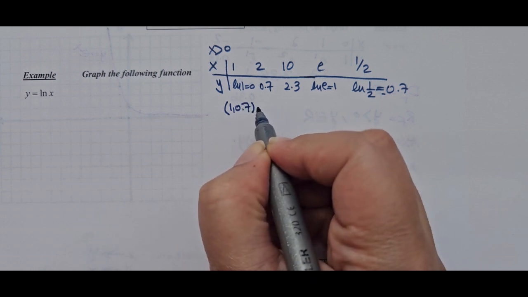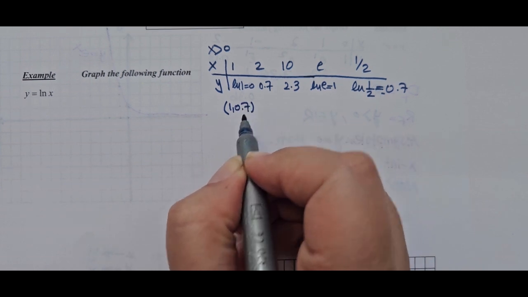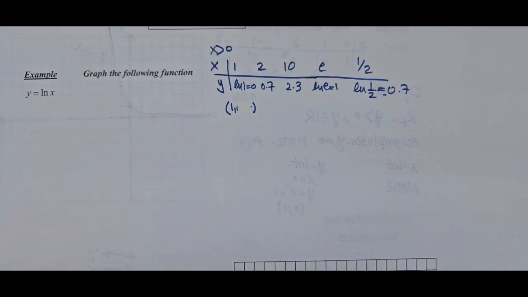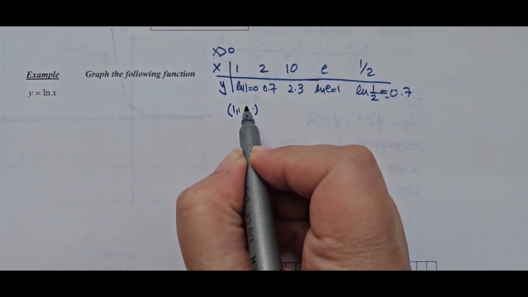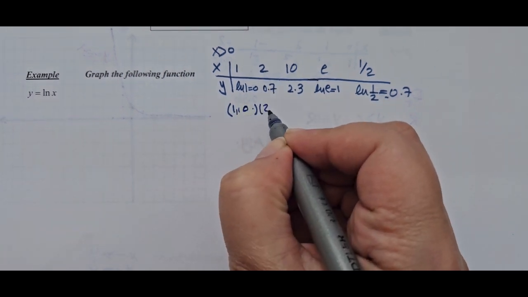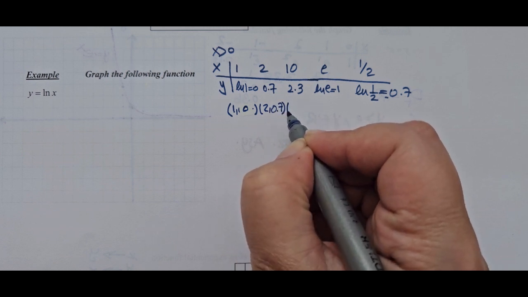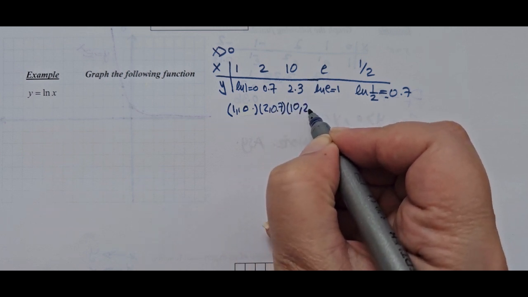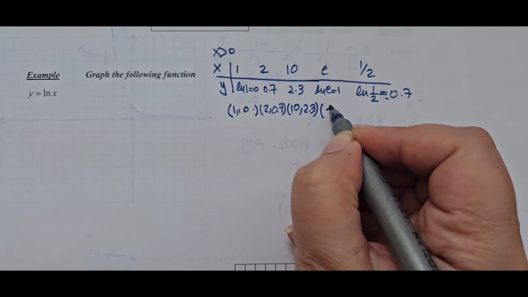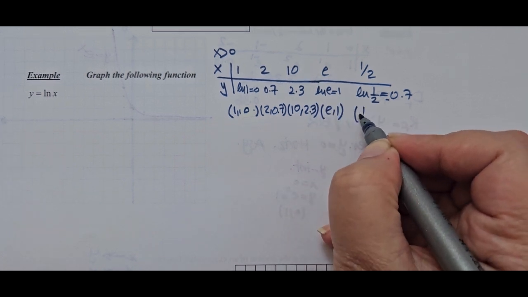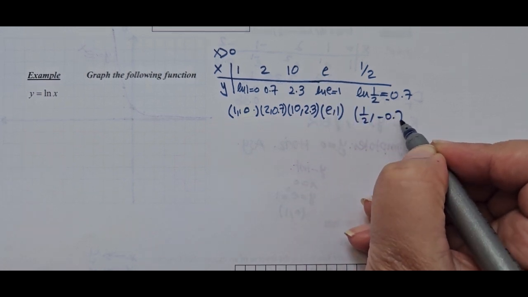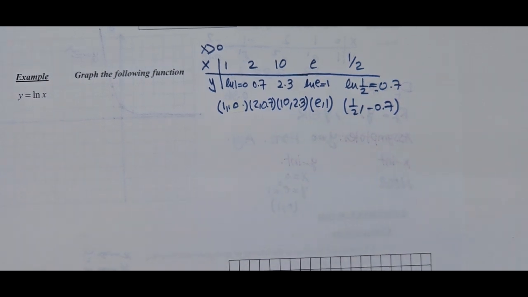So the points are (1, 0), (2, 0.7), (10, 2.3), (e, 1), and (1/2, negative 0.7). How many points? 1, 2, 3, 4, 5. Now we have 5 points.